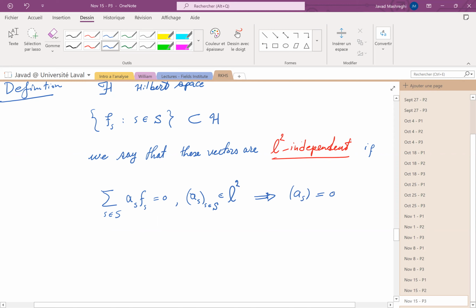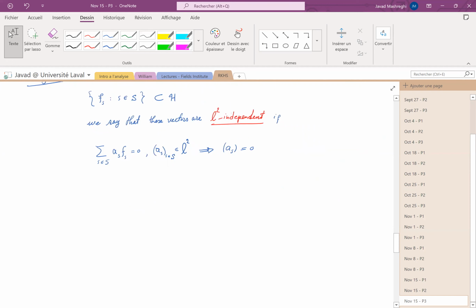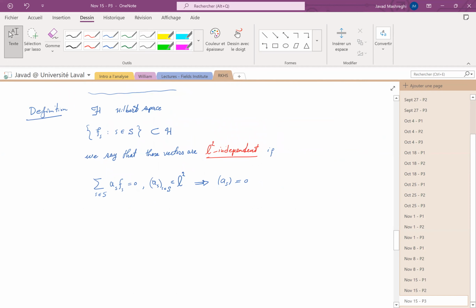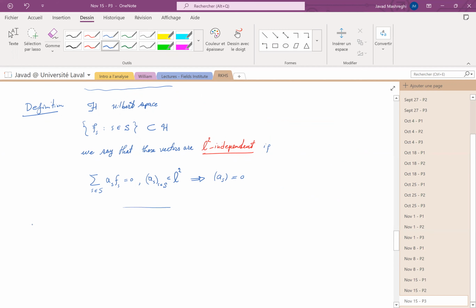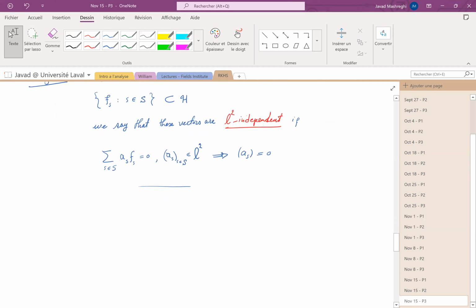In other words, as is equal to 0 for any s. The only way that this can be 0 is that the coefficients be 0. This is not the same thing as independent that we have seen before. Of course, L2 independent implies independent, but not vice versa.